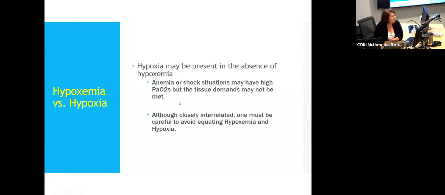So the tissues will be hypoxic, although the patient's blood gas doesn't show that they're hypoxemic. Okay, so although they're closely related, they are different beasts, and you need to understand that one doesn't guarantee that the other is present.